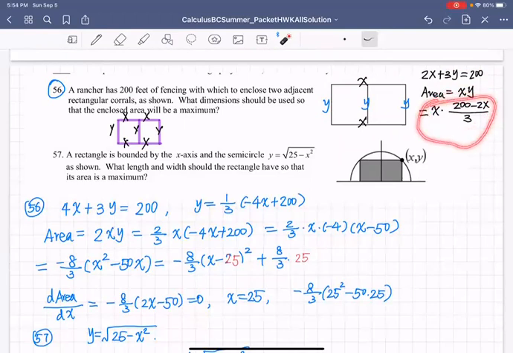Okay, now everybody, you learned completing the square before. You can also use your calculator to find the maximum for this. Everybody go ahead and text me your answer, please. Find the maximum of this one.